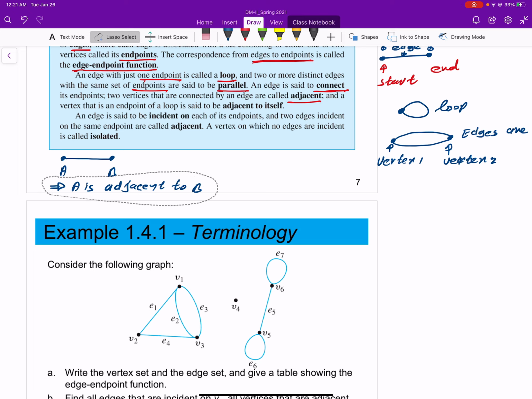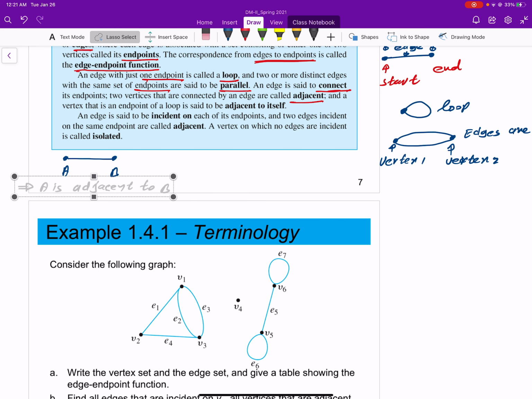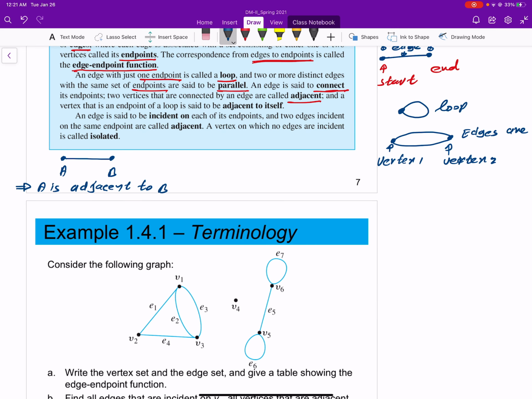There's another technical term which is called adjacent. Okay. Then a vertex that is an endpoint of a loop is said to be adjacent to itself. All right. So now you have an edge like this, and then it has a loop.